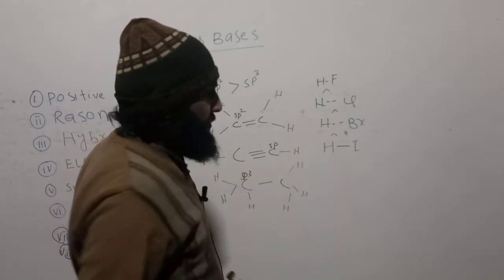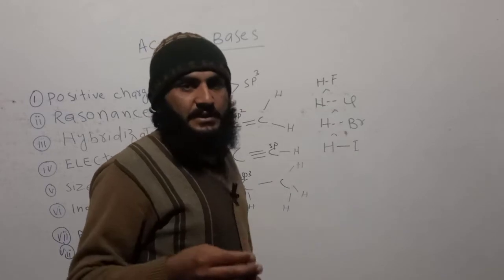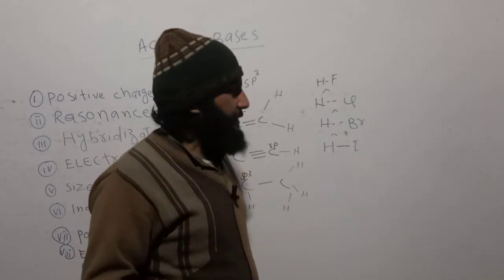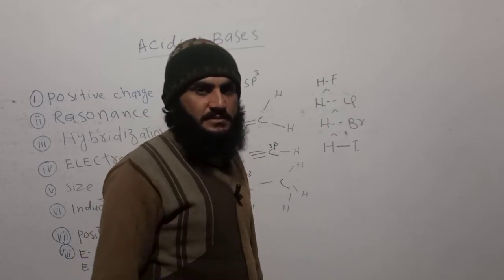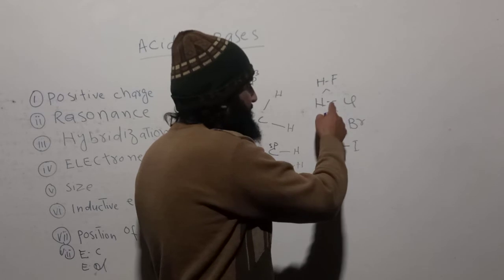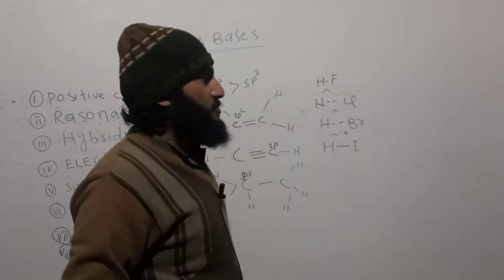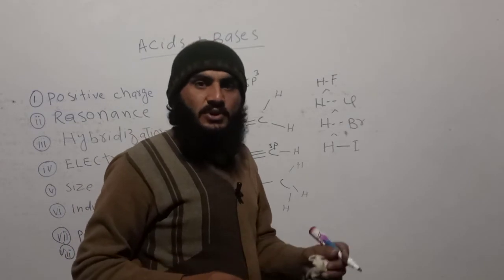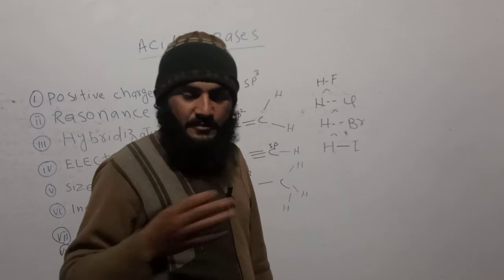But here, in a diatomic molecule, every element has its own electronegativity. The bond strength here is stronger than this bond, which is stronger than this bond. So the stronger the bond, the weaker the acidity, because we cannot break the bond.